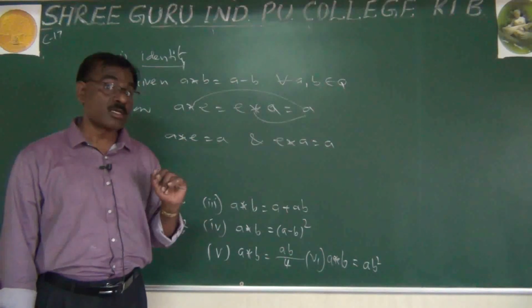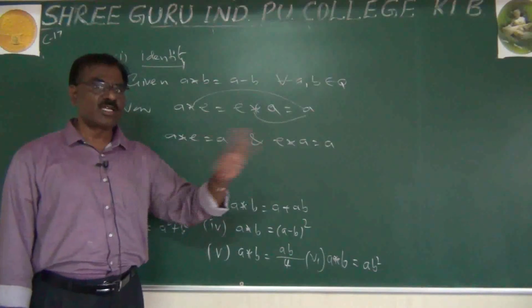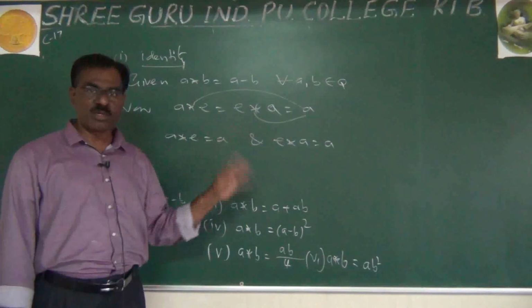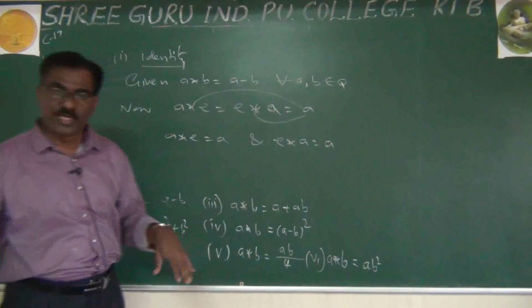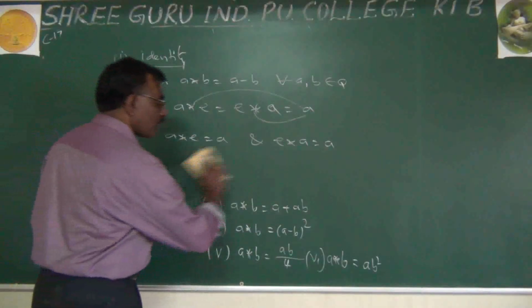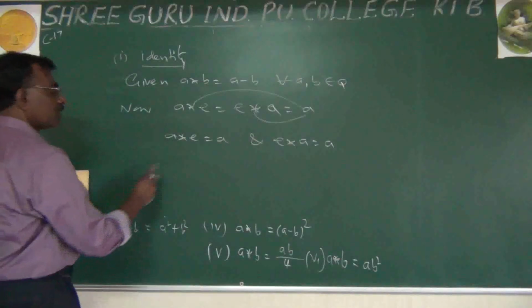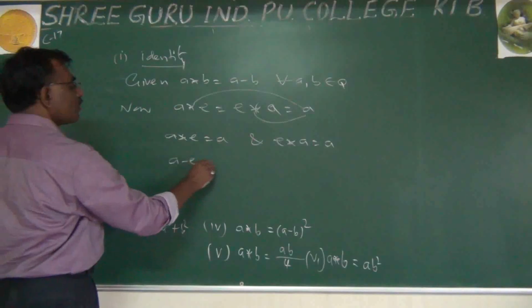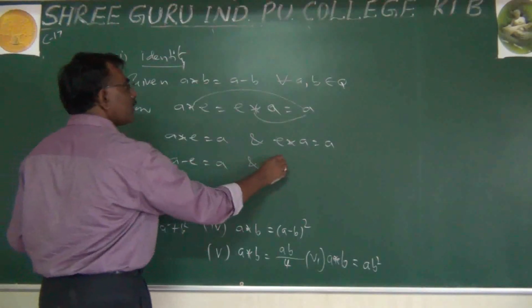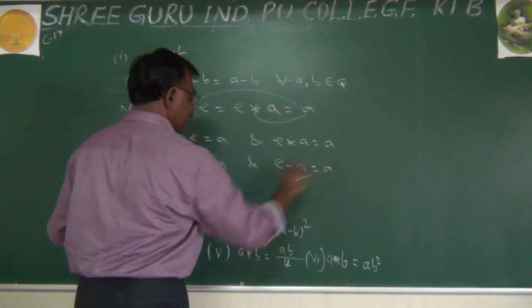Sometimes identity does not exist. To find the identity element 100%, you should take both. Now, A minus E equals A and E minus A equals A.